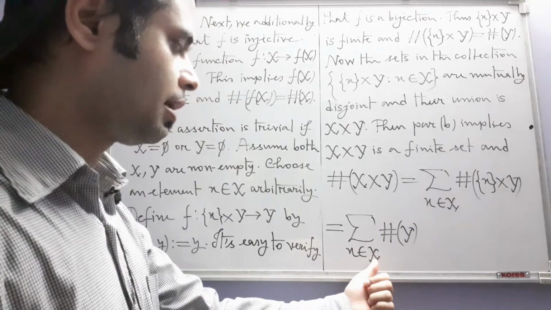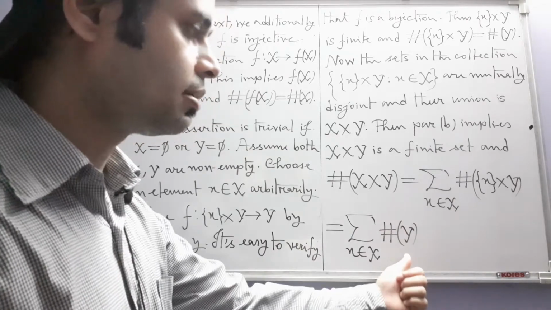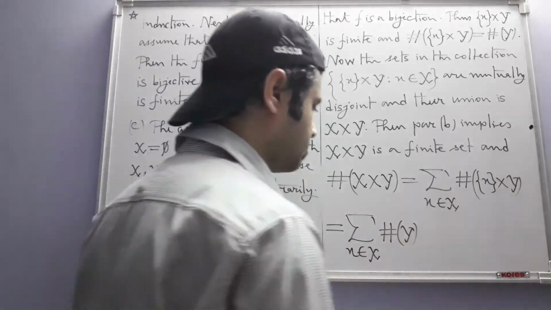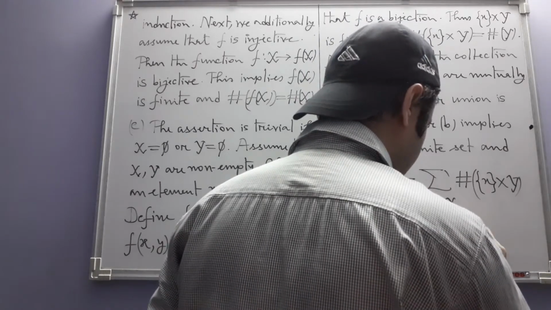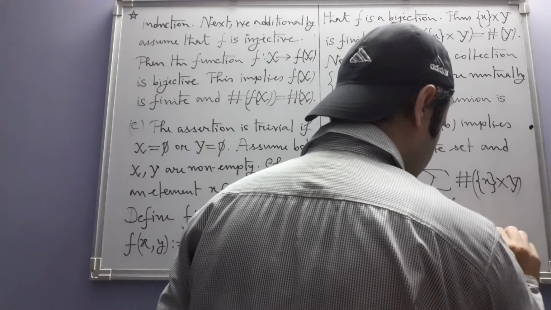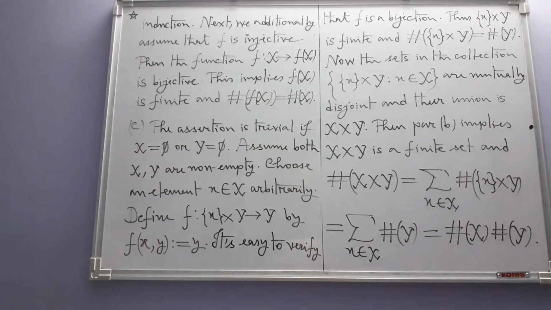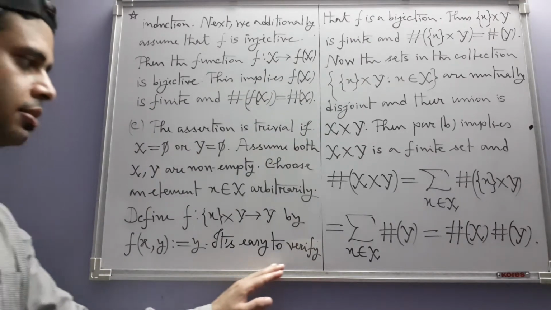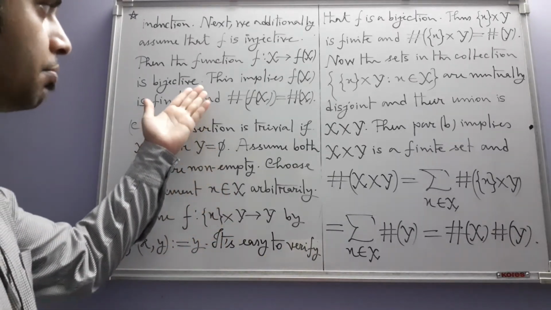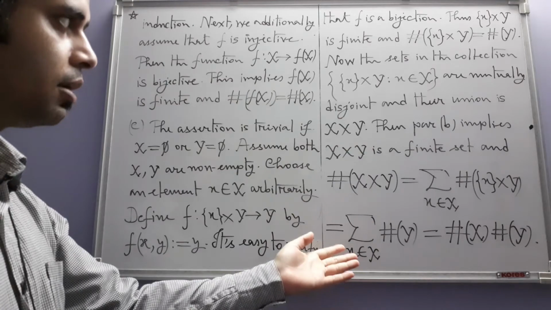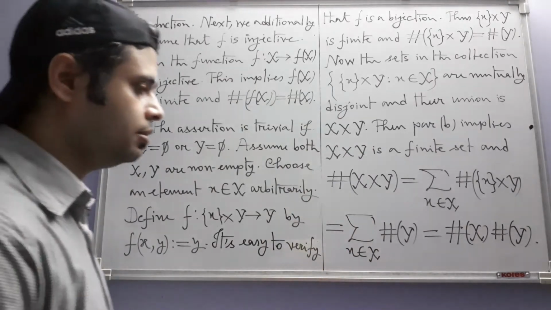As many number of elements x has, because that many times this cardinality of y will appear in the sum. So that's why this is equal to cardinality of x times cardinality of y. So here the strategy of proof is not exactly induction, but because we have proved many things before, we have been able to carry out this proof directly, and this just gives us part E.